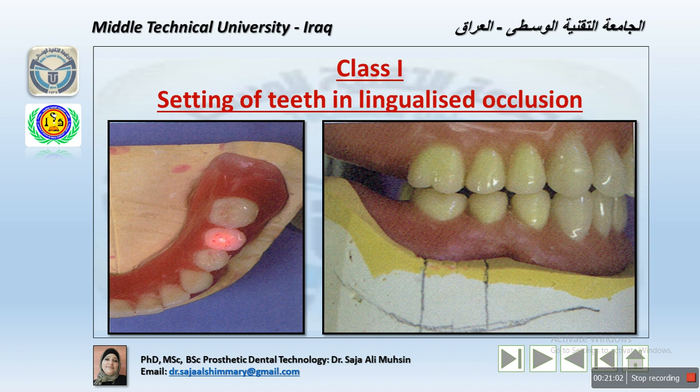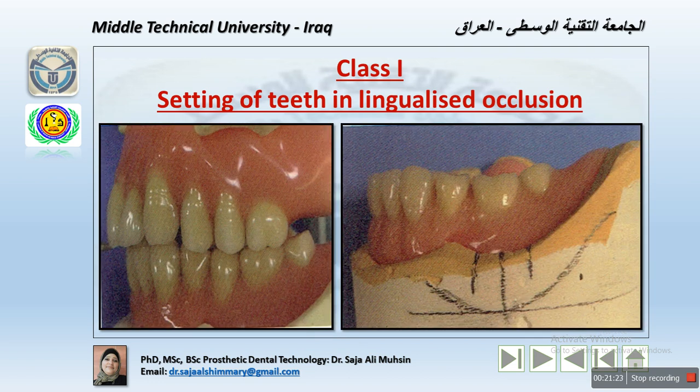Now, this situation is reversed with the first premolar, where the large buccal cusp of the lower first premolar occludes with the central foci of the upper first premolar. There is, for example, no overlapping for the posterior teeth seen.